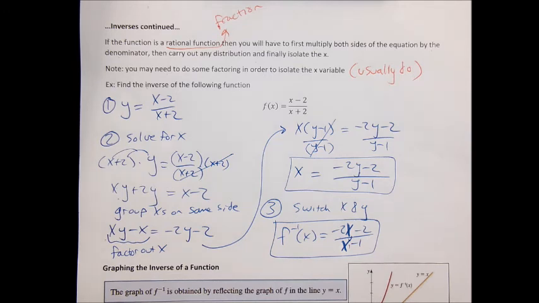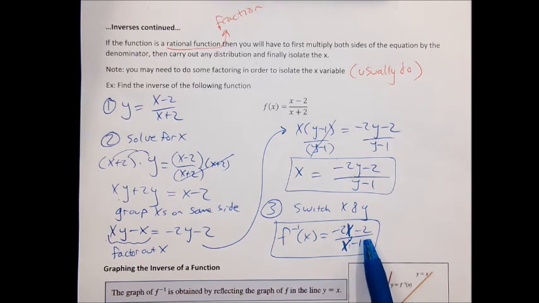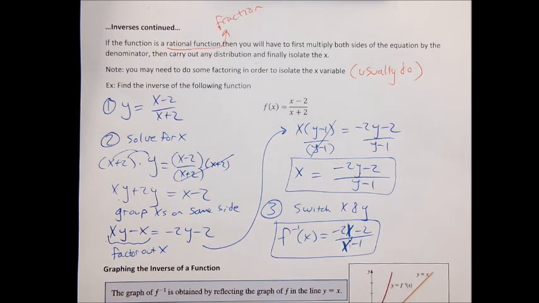Questions about that? Were you thinking about pulling a 2 out? You could factor and pull a 2 out of the numerator if you want to, but it's not necessary. Oh, you're thinking like something might cancel?